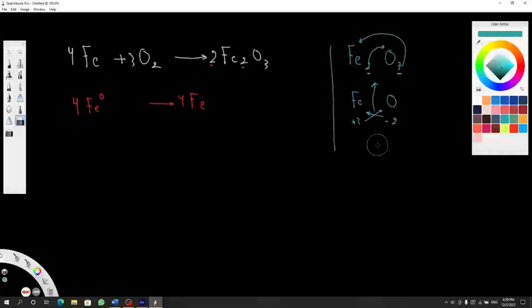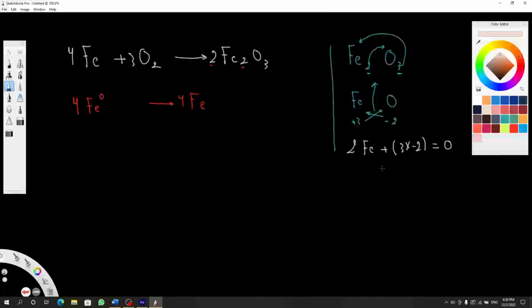You can do it this way, and I find this way faster, or you can spend some time calculating it, and you will end up with the same result. Here you have 2 Fe plus, you know the oxidation state of oxygen, 3 multiplied by -2. It's a neutral compound, so the sum for all of that will be equal to 0.